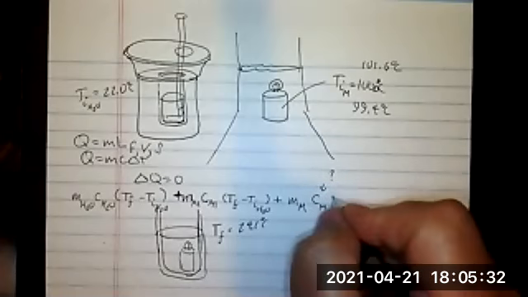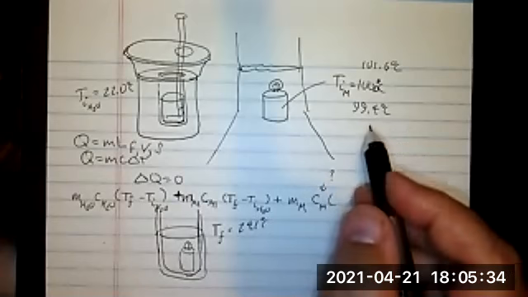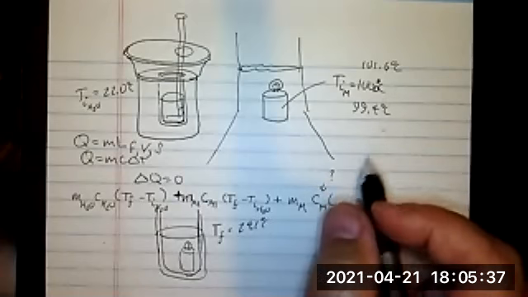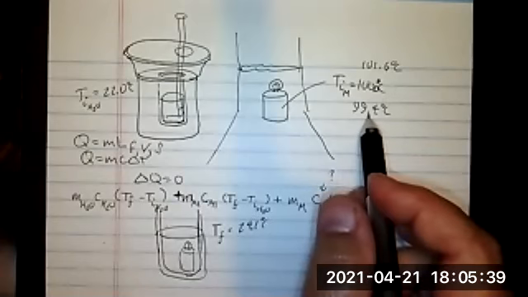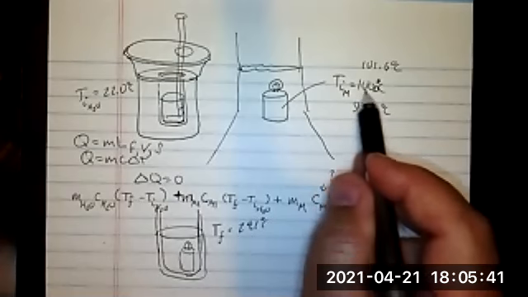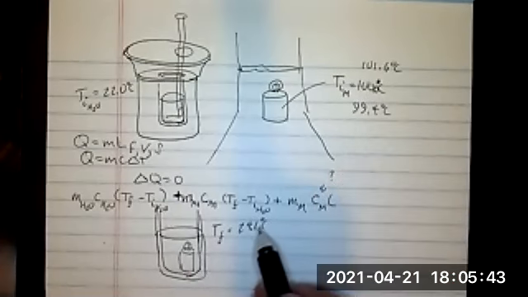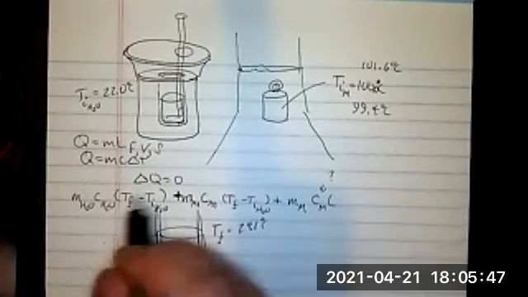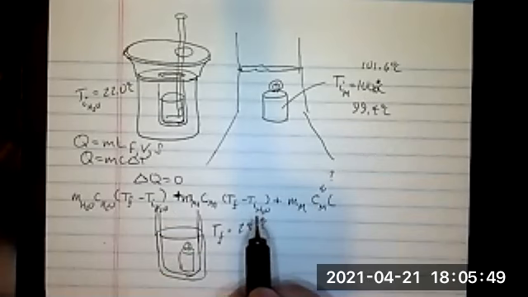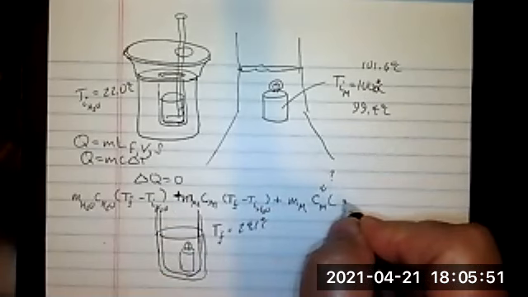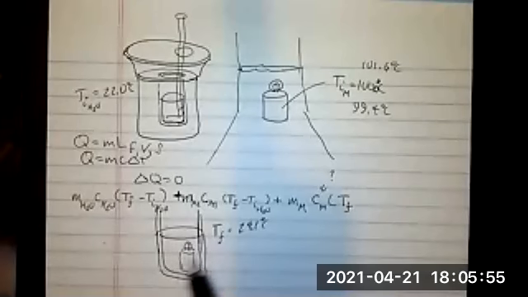And then you're going to multiply it by the final temperature minus the initial temperature. Now, the final temperature in this case is actually going to be lower. The initial temperature is going to be like 100, but the final temperature is going to be like 24 or something like that. But because I use delta Q equals 0, I still do T final minus T initial. So I'll say T final, which is the final temperature of everything. That's the whole point of this experiment.